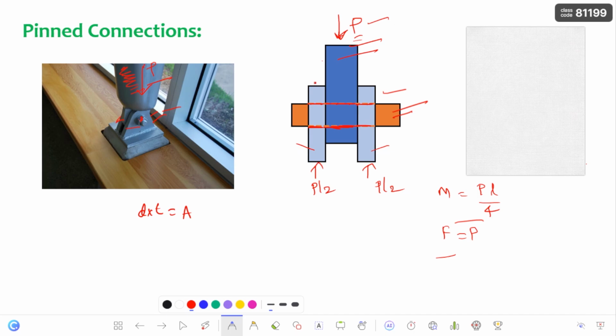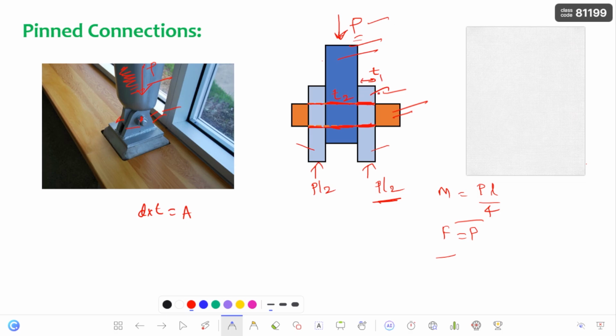Here, one is two plates which are connected to the pin, and the load is P by 2. Coming to the bearing check, in this case you have to consider this cross section, that is the diameter of the pin and the thickness of this plate, T1. Next, the diameter of the pin and the thickness of this second plate, that is T2.